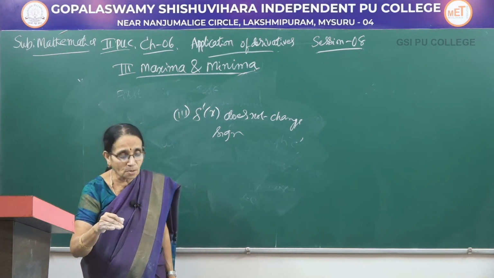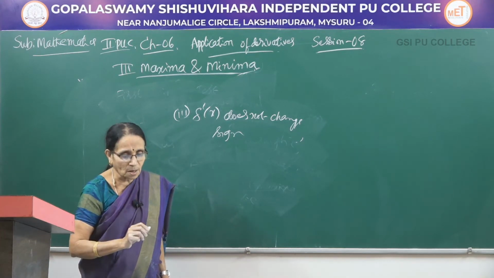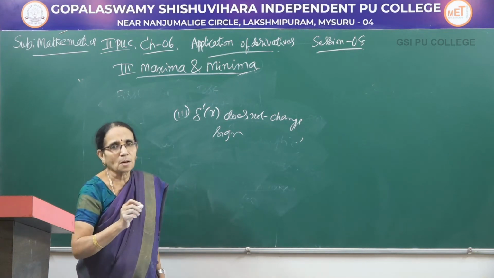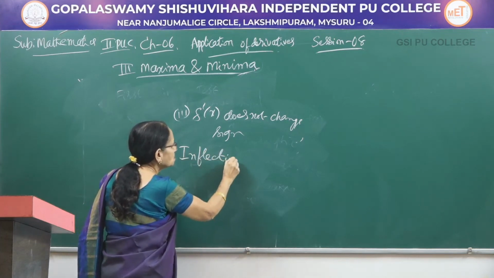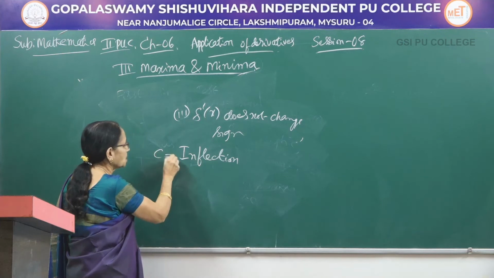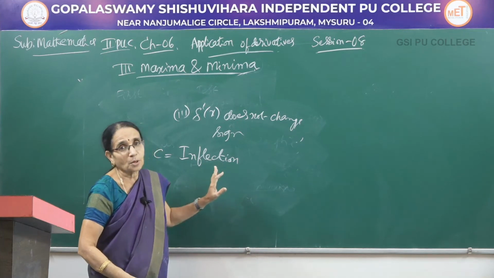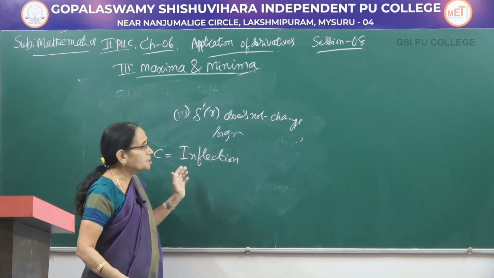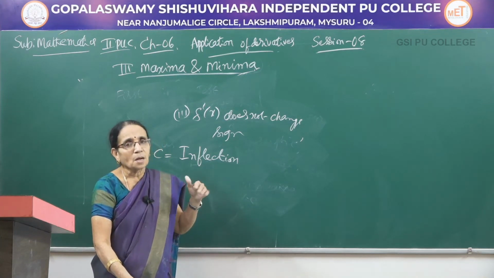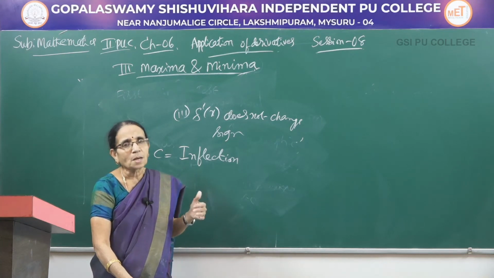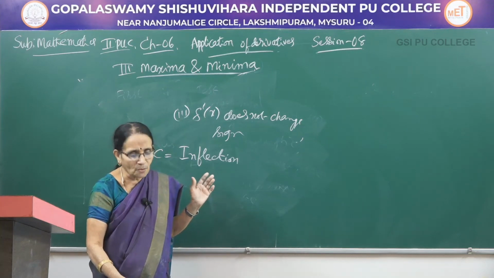When x increases through the value, then we call it a point of inflection, because it is neither a maximum point nor a minimum point. The two spellings, inflection or inflexion, are both acceptable. So then C is called a point of inflection. That means at that point, as f dash x does not change sign at all, it is neither a maximum point nor a minimum point.